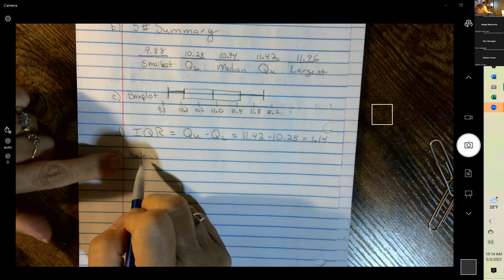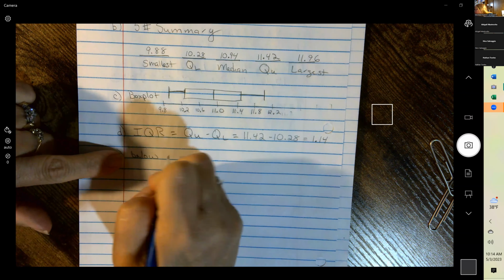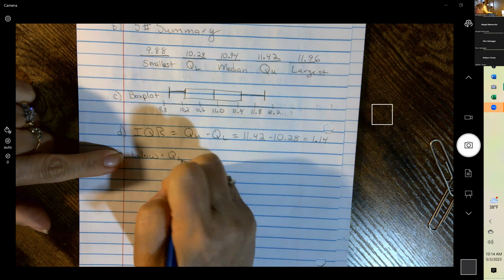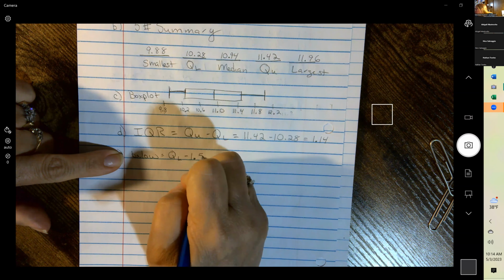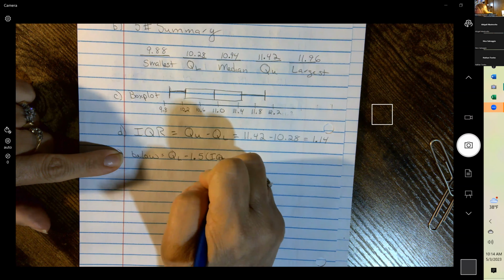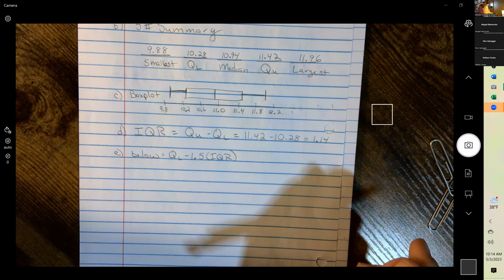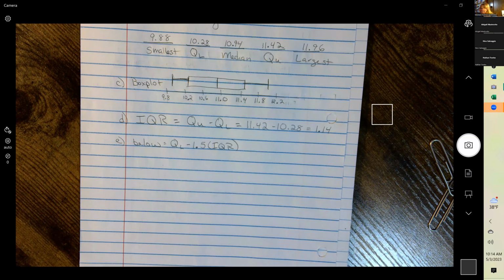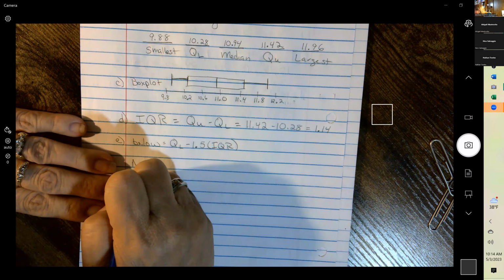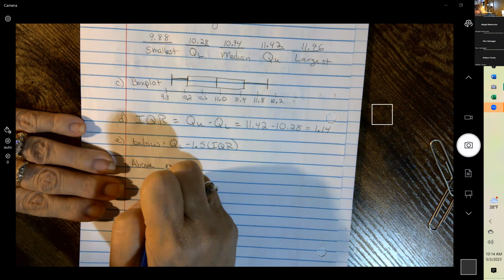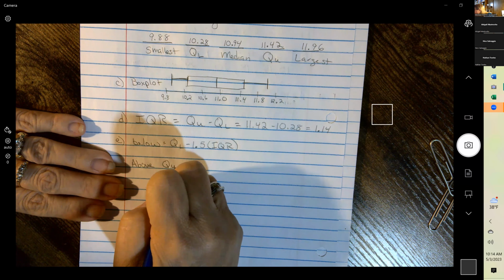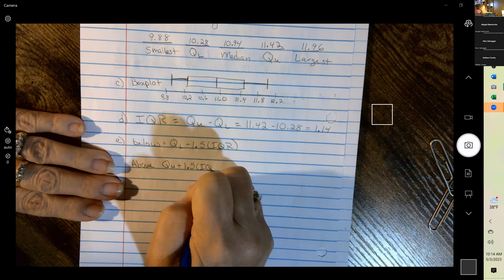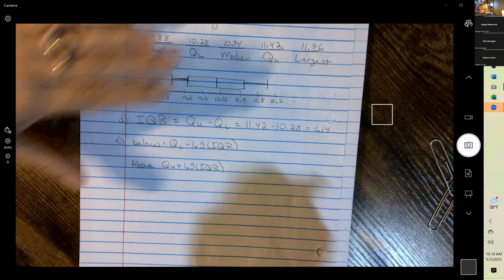The outliers are below the lower quartile minus 1.5 times the IQR, and they are above the upper quartile plus 1.5 times the IQR. It's a little bit smaller.